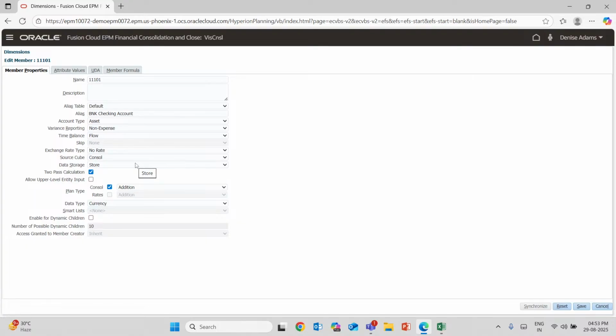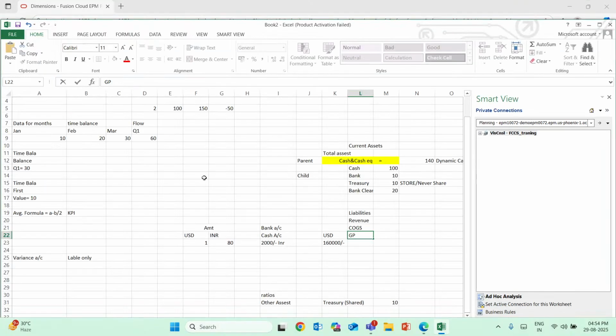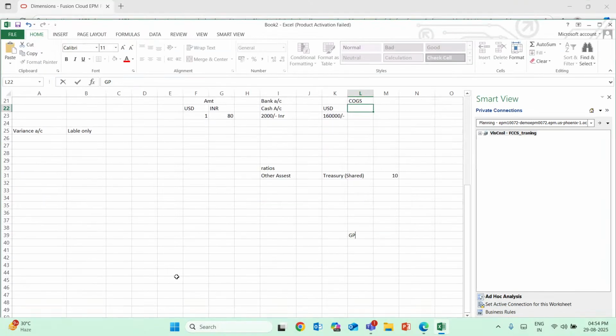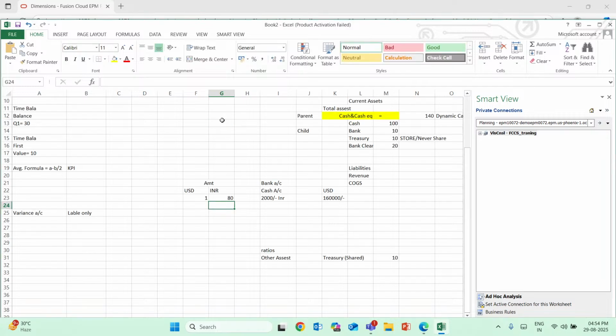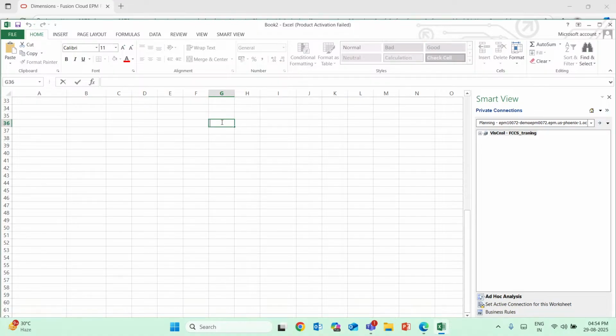So what will happen if I enable two pass? Okay, I'm going to explain it through an example. We are calculating gross profit, GP. So this is revenue minus COGS.